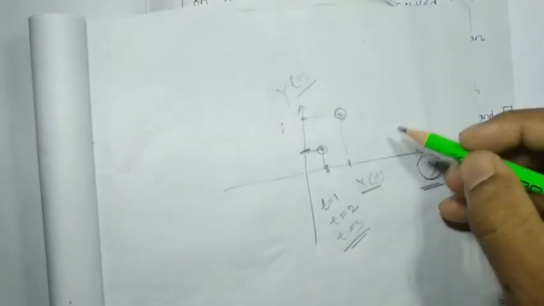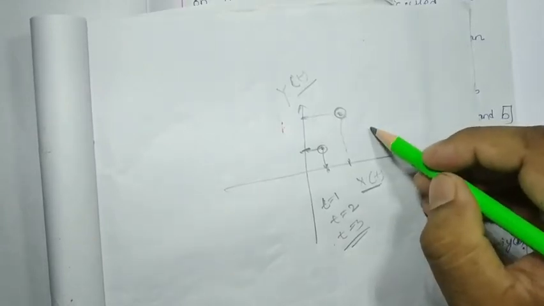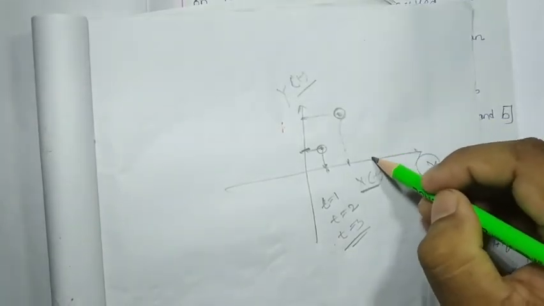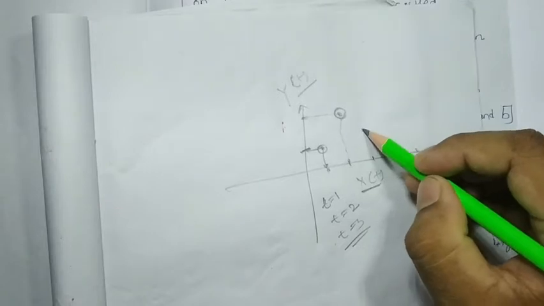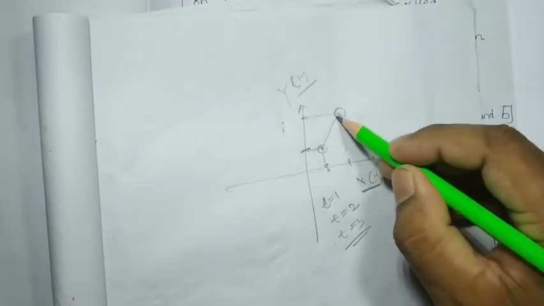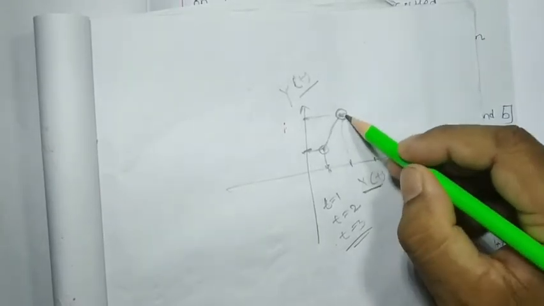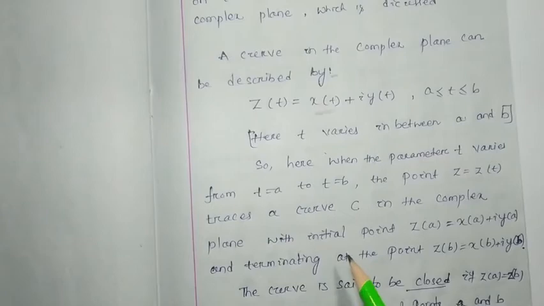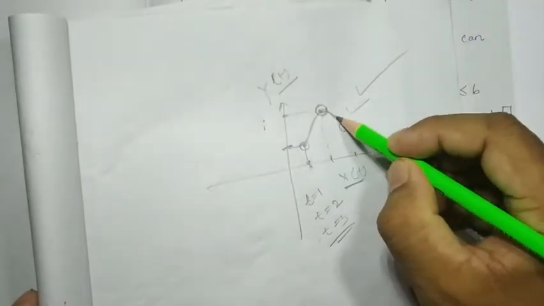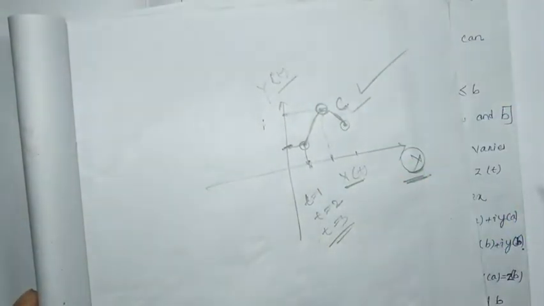Suppose at t equal to 3, the next second, x will be here, y changes over here. That means your point changes its location and it will give a curve on the complex plane. This curve will be named C.